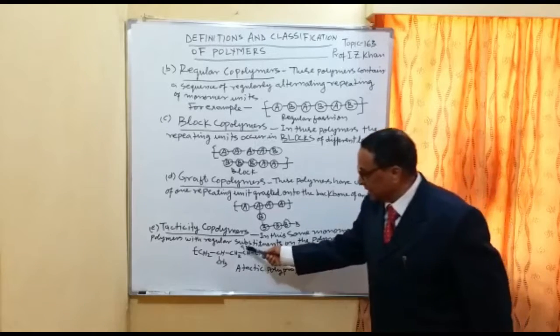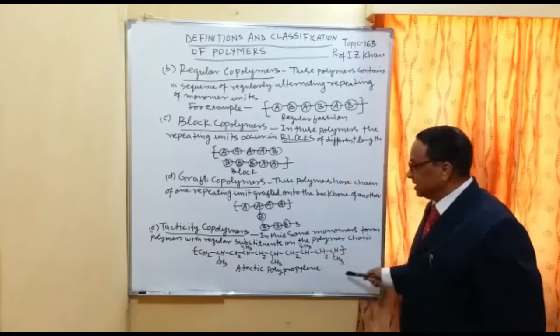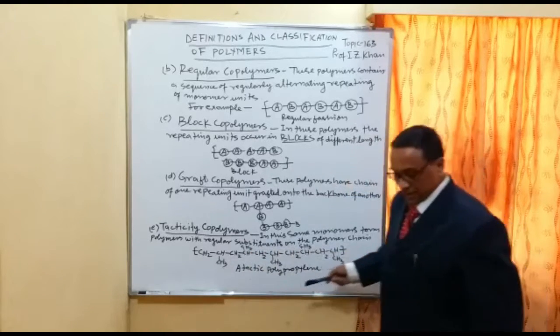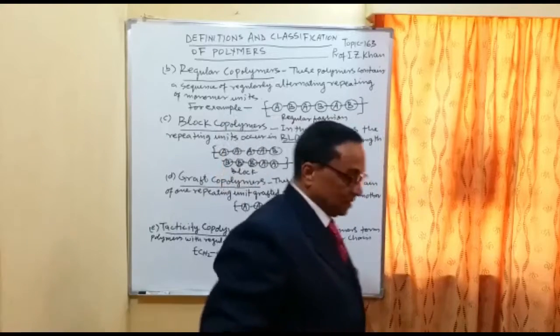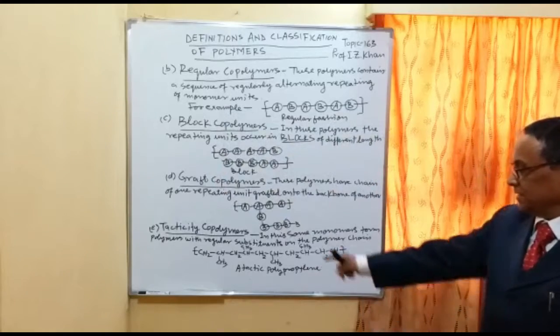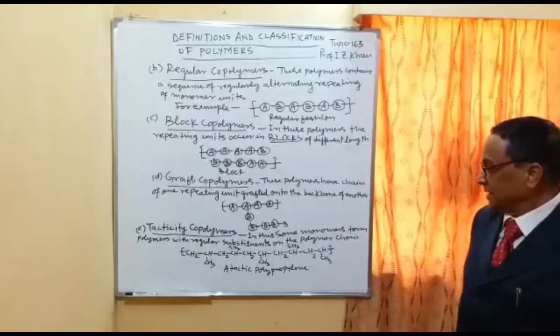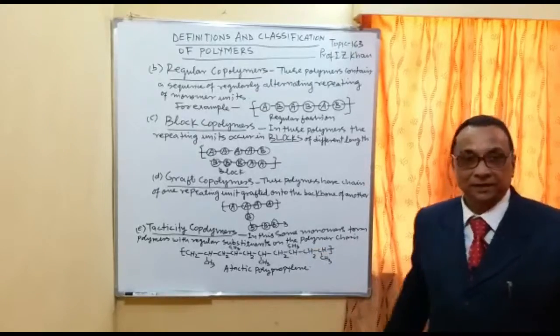So there are regular substituents, CH3, CH3, CH3, CH3, CH3. So they are found, these substituents in a regular order. That's why it is called tacticity polymers. And here the example is given, tactic polypropylene.